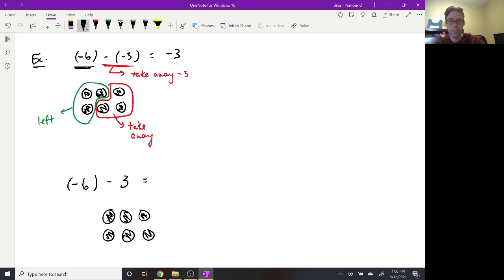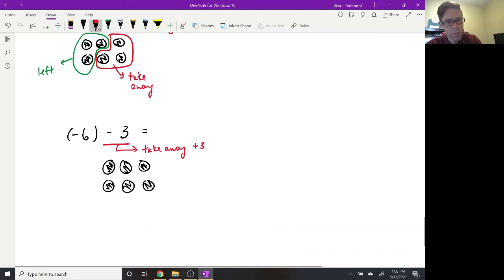So here's our -6. And what we want to do is take away +3. But notice that there isn't a +3 inside the model. So since there's not a +3 inside the model, we have to introduce it into the model using a 0 pair.